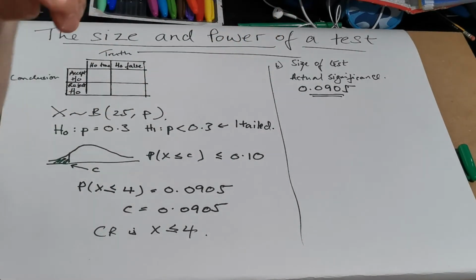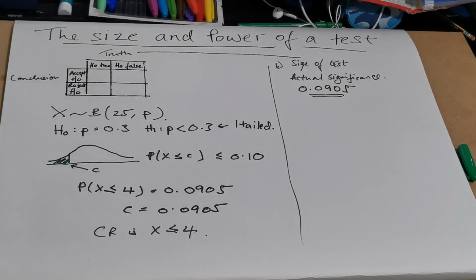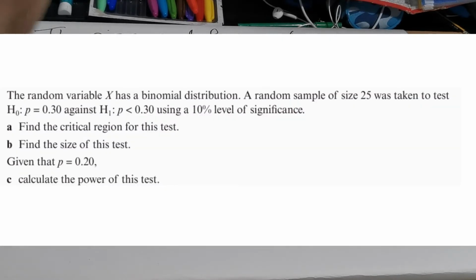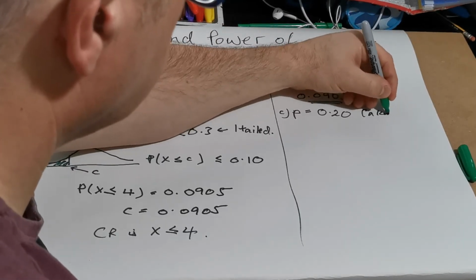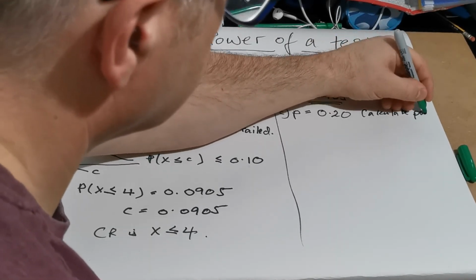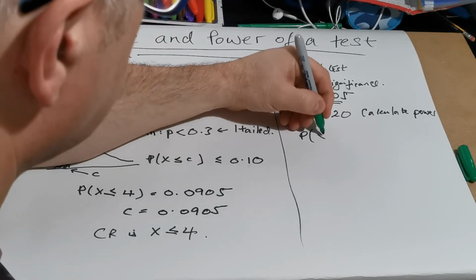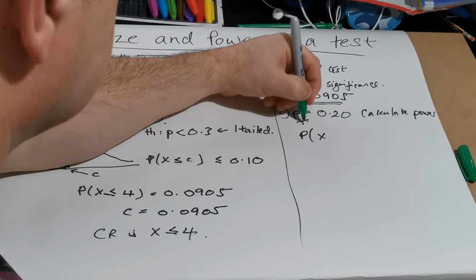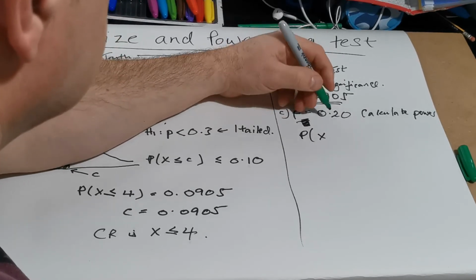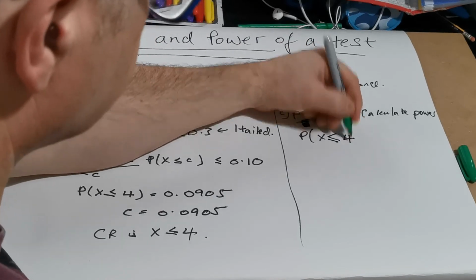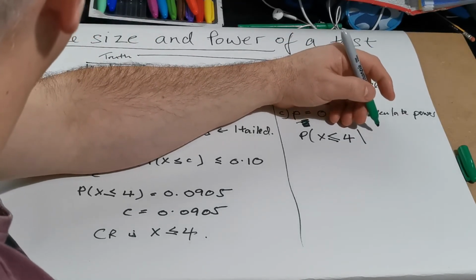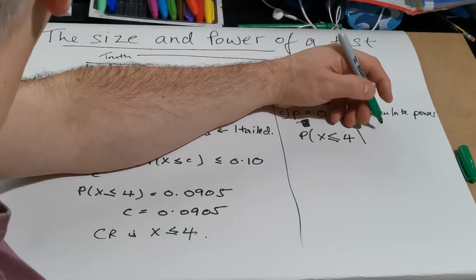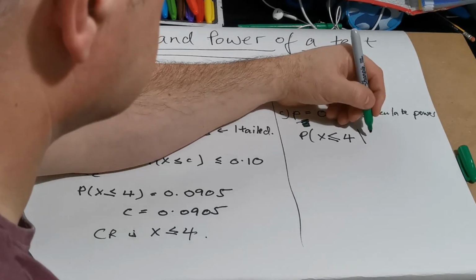Right, so the next part of the question says, given that p equals 0.20, calculate the power. So we're looking for the probability. For a start, we're going to look at the probability that we are going to reject it, so it's in the critical region, and we're looking at a binomial with the probability 0.2.